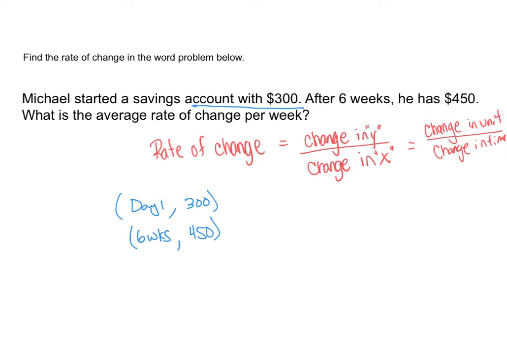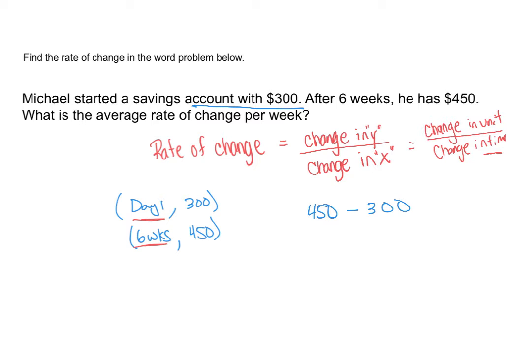So the change in units, our ending was $450 minus the 300. And then we're going to talk about time. So when we're talking about time, we want to make sure that we're in the same unit. So if we're talking about days, we stick to days. If we're talking about weeks, we stick to weeks.